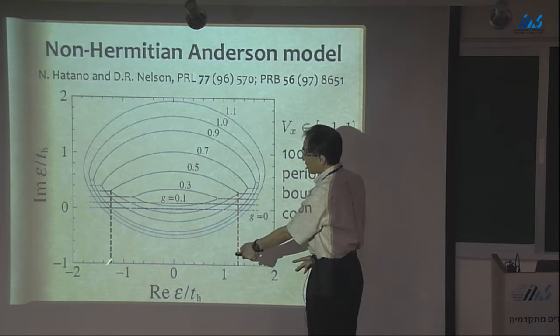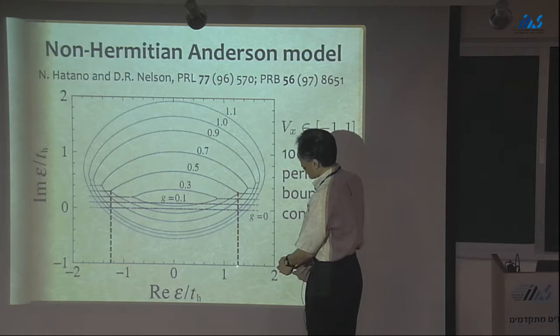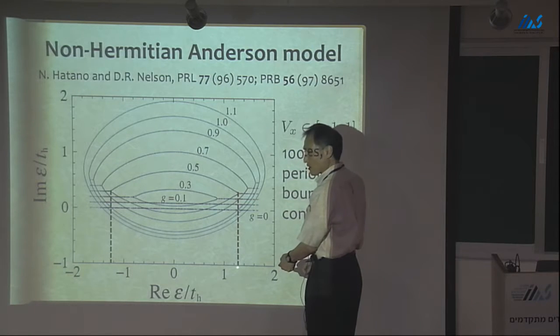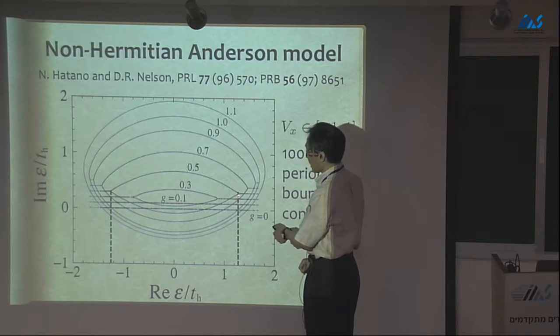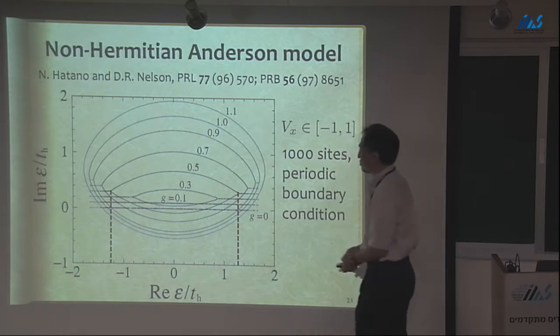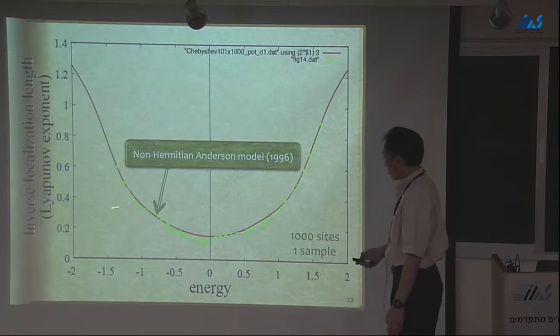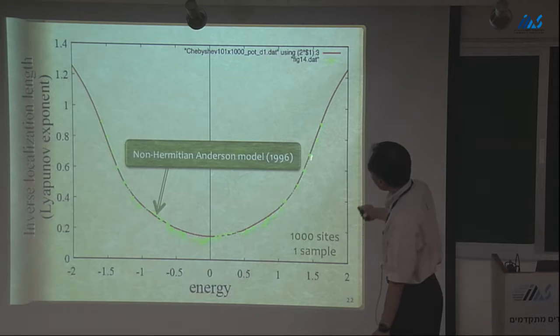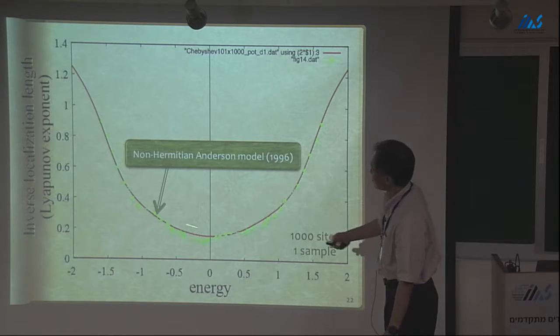So at this boundary, the eigenfunction of this energy originally had kappa equal to 0.5, right? That's how I could draw this green curve.